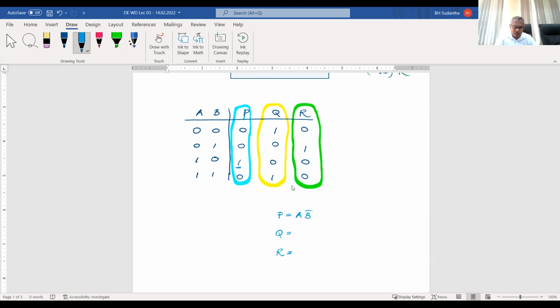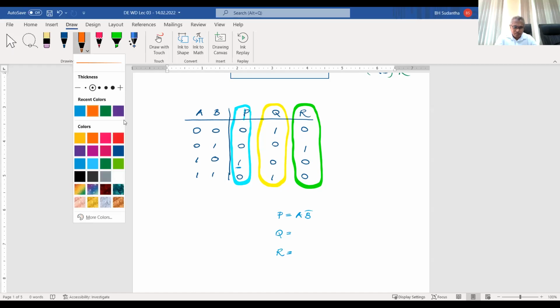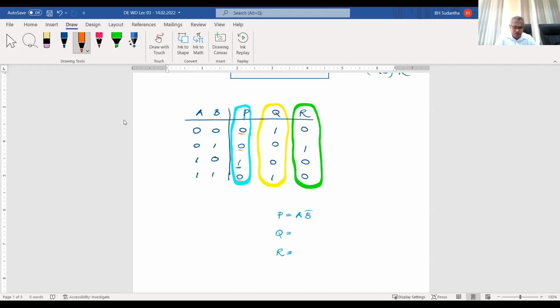But if you consider these zeros, can you write the output equation? Yes, you can. Then that is for P bar. When you consider 1, you are writing the output equation for P. When you consider zeros, that is P bar, the inverse of P.